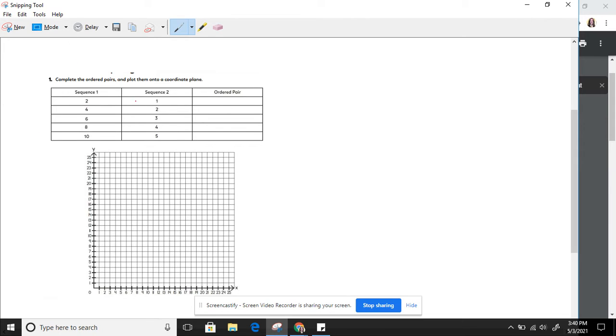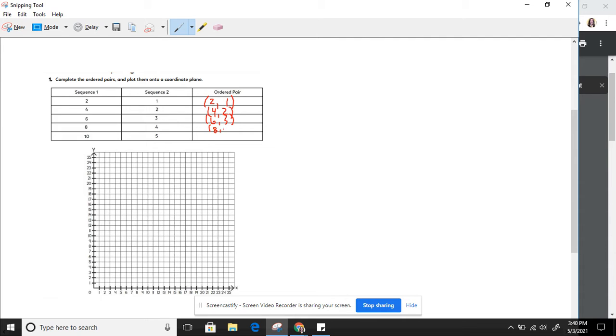So you've got 2 in sequence 1, you've got 1 in sequence 2. So your ordered pairs would be parentheses 2, comma 1, and parentheses. You've got 4 and then 2, so it'd be 4, comma 2 in parentheses. And you've got 6, 3. Then you've got 8, 4.